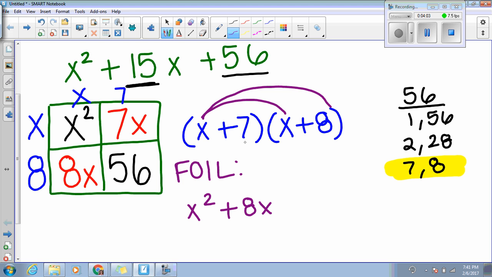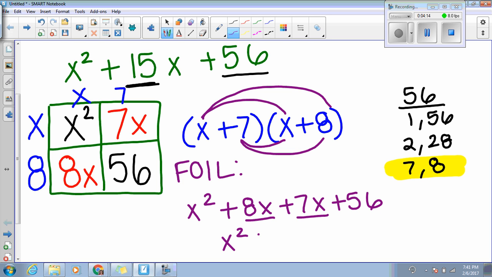Then I'm going to do my insides plus 7x plus 56. Of course, I know I can combine these. So I get x squared plus 15x plus 56, which is our answer.